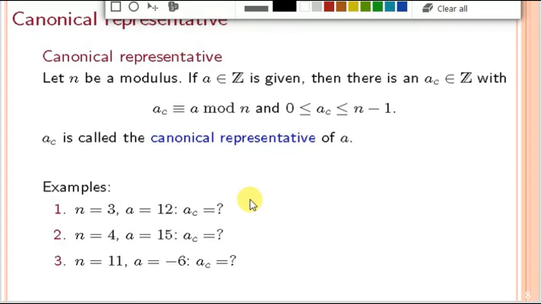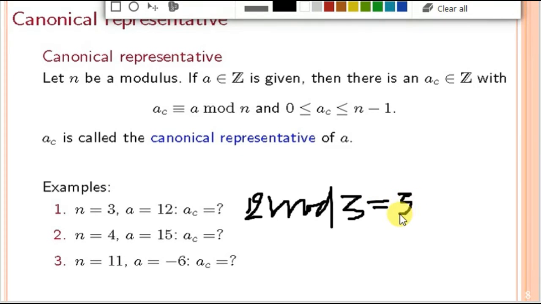So, here 12 mod 3 equals, 12 is divisible by 3, 4 times, and the remainder is 0.